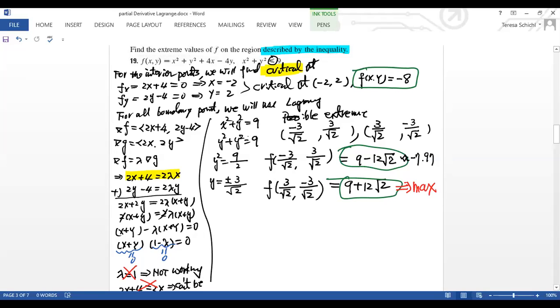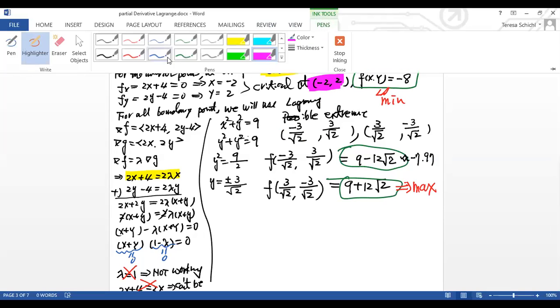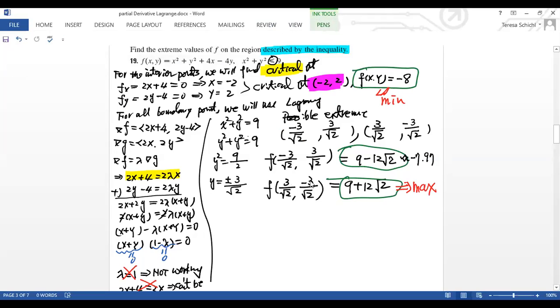Now, what is my minima here? My minima is going to happen at the critical point, and where does my maxima happen? My maxima is going to happen at the boundary of the circle here.